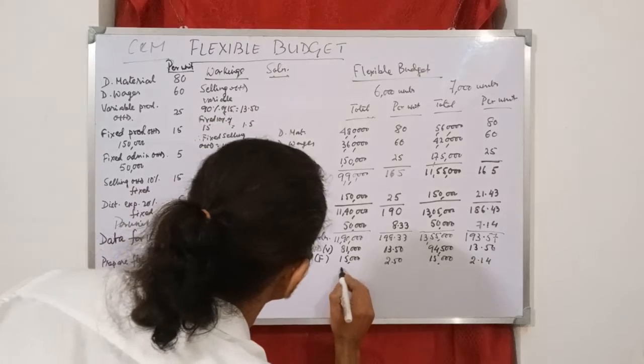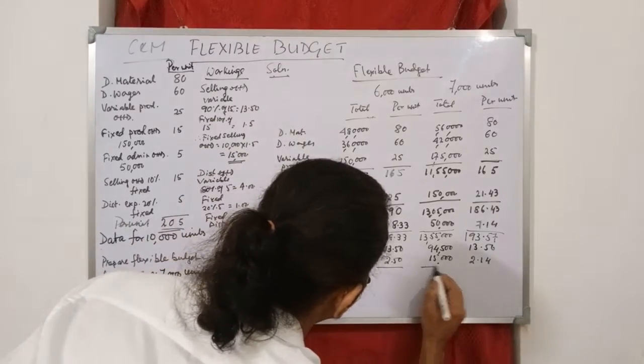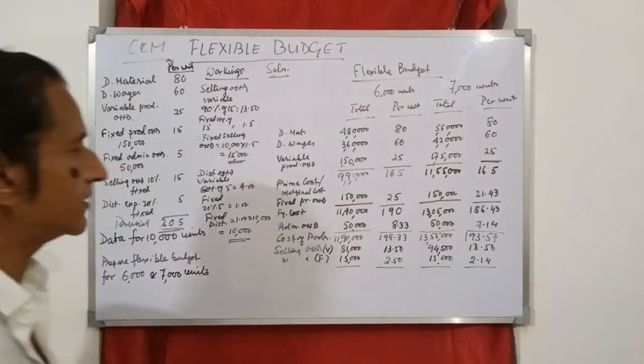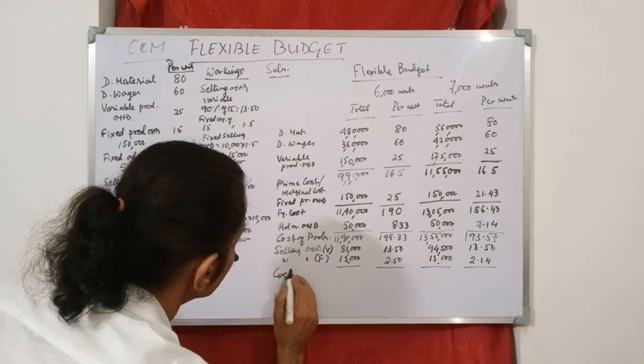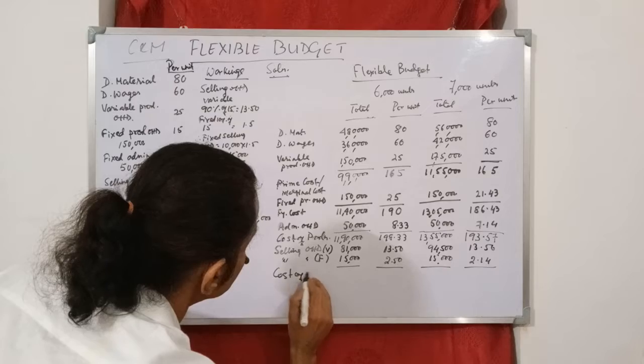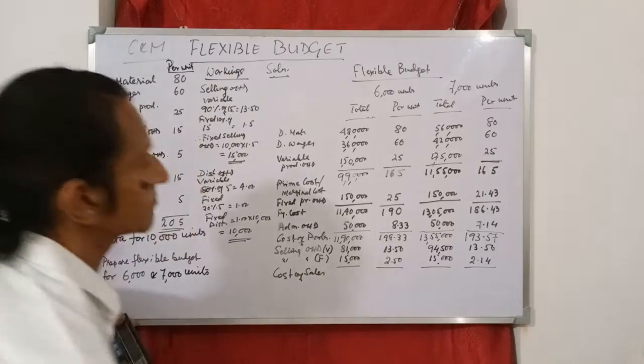So we have added both the variable and fixed part of selling overhead, so we can get cost of sales.